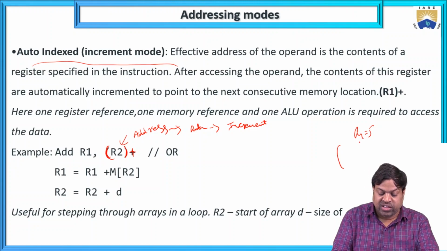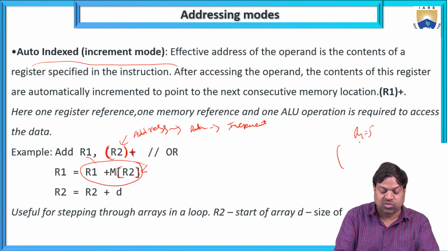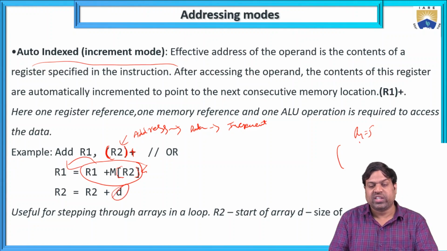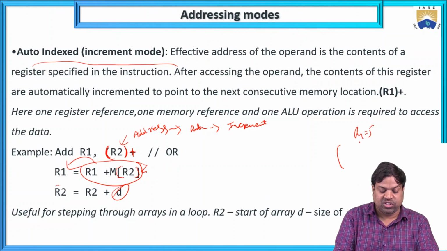That means the R2 register is defining the address. In this R2 address, what is the data? That data is added with the R1 value. The total resultant value is stored in the R1 register. Here R2 = R2 + d. That d value is added to R2, and the resultant value is stored in the R2 register.